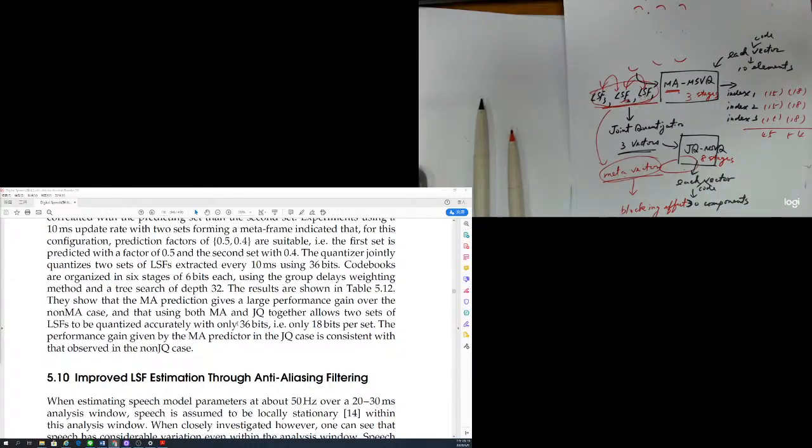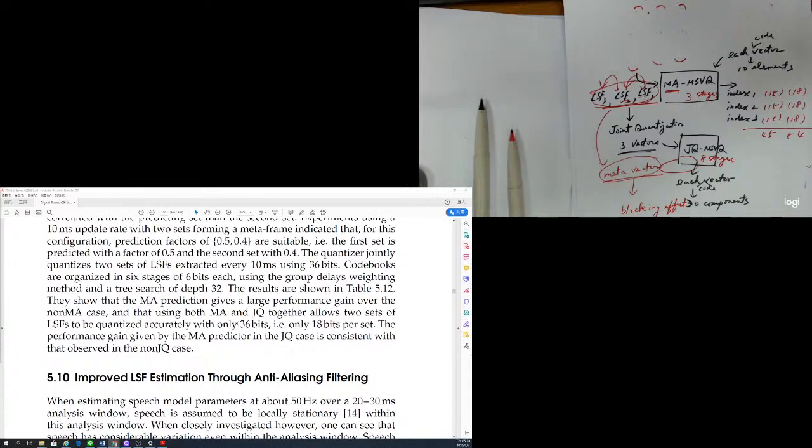This one is a little bit similar to ADPCM, adaptive differential quantizer. But right now we did not consider adaptive, we just consider differential quantizer.